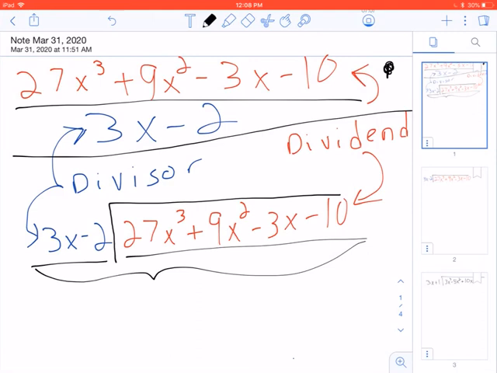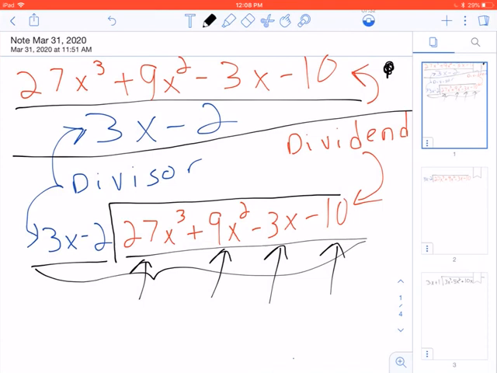One more thing to note before we do some examples: whenever you do one of these questions, you always need to make sure that both the dividend and the divisor are arranged in descending order according to the degree of each term, which is the value of the exponent.